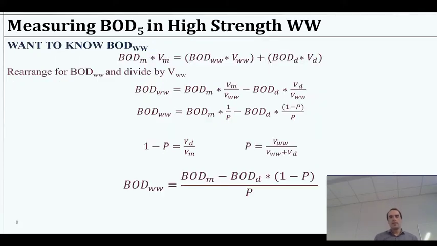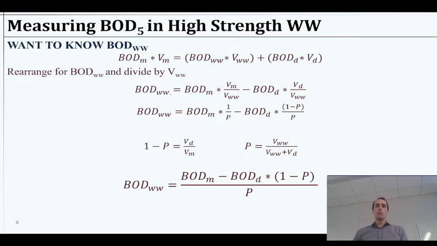Okay, so we're going to take that equation and really just solve for it here. And I'm just going to do line by line kind of how the book goes about it. So we're going to divide everything by volume of the wastewater. That'll get the BOD wastewater by itself. We'll also go ahead and move it to one side.